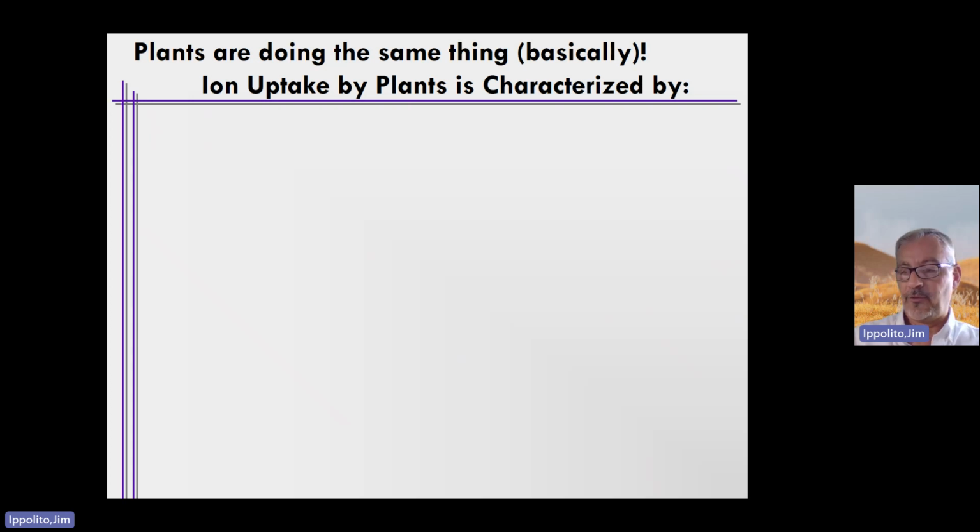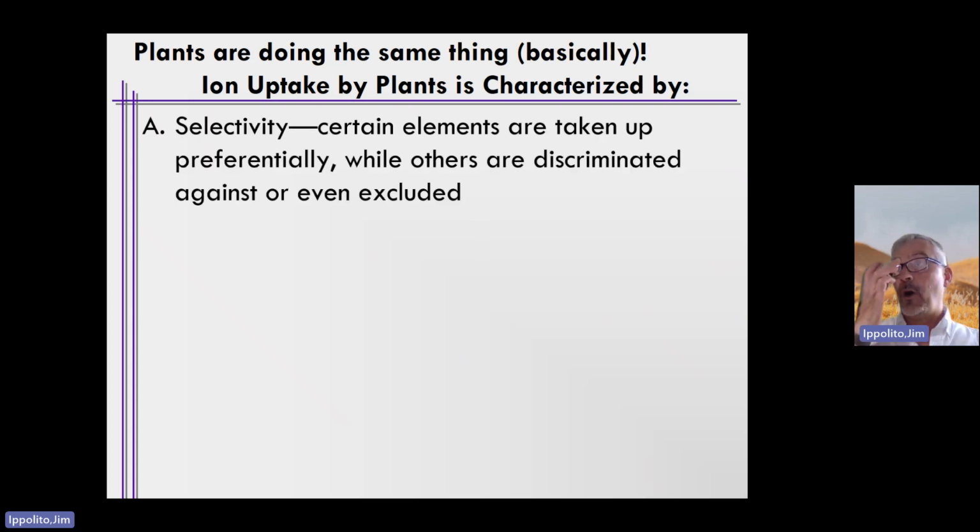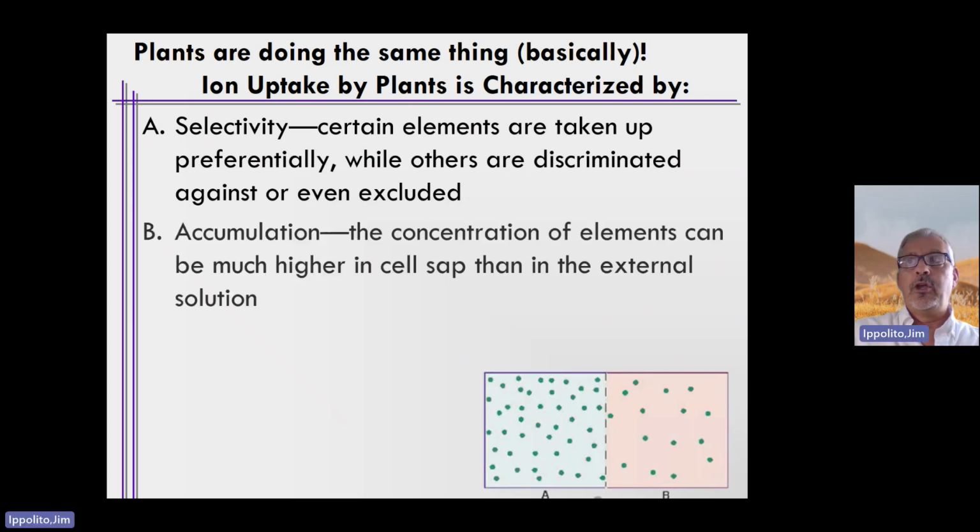And we're going to talk about these, and we're going to tie this in with what we just talked about in the previous video. So, uptake of ions by plants is characterized by selectivity, that certain elements are taken up preferentially while others are simply discriminated against or even excluded, and by accumulation.